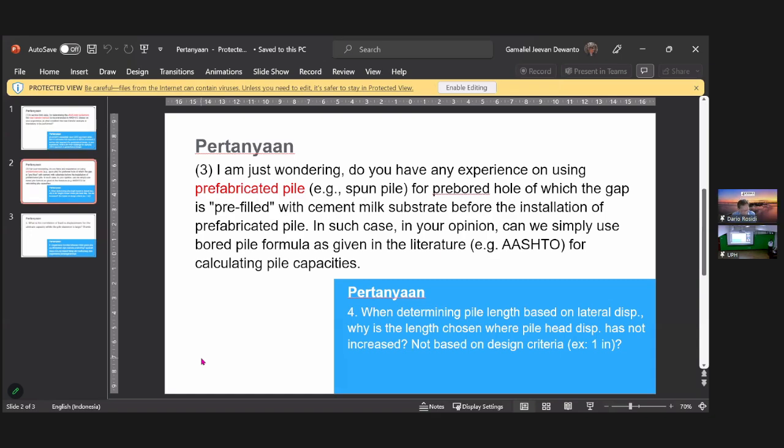Oke. Pak Dario, thank you untuk great presentation-nya. Saya mau bertanya mengenai common practice ya. Apakah memang di US itu sudah menjadi satu common practice untuk melakukan berbagai macam instrumentasi yang tadi saya lihat? Misalnya mencari load transfer sebagai pembuktian, berarti kita sudah melakukan pemasangan strain gauge, extensometer, dan kemudian untuk memverifikasi bagaimana kondisi lubangnya.